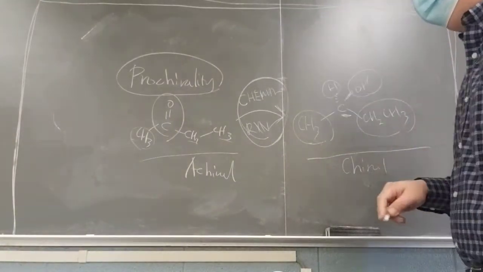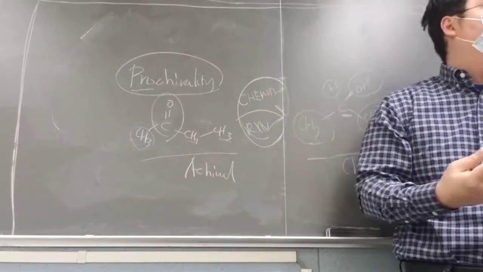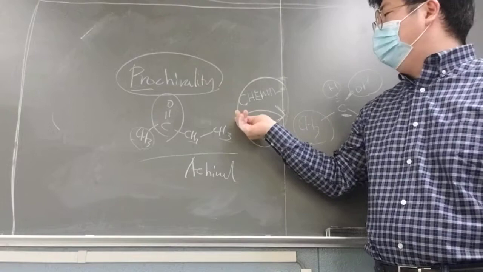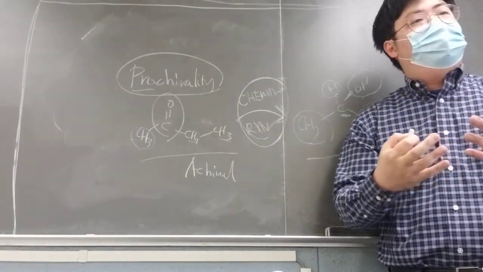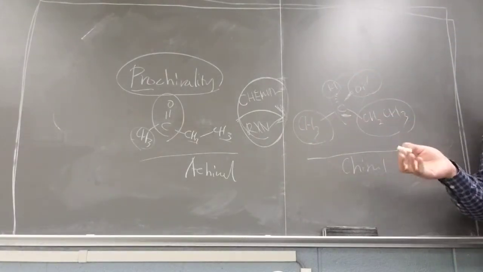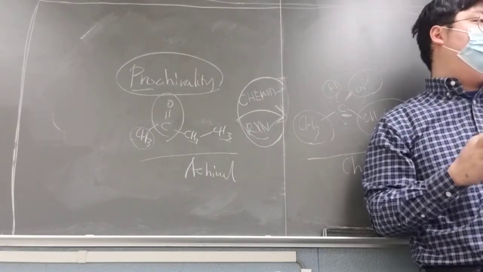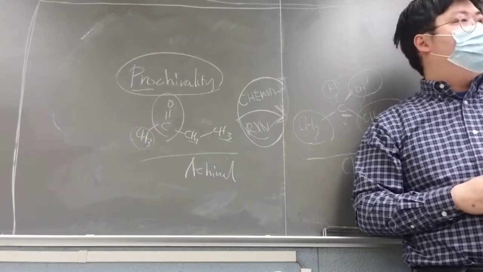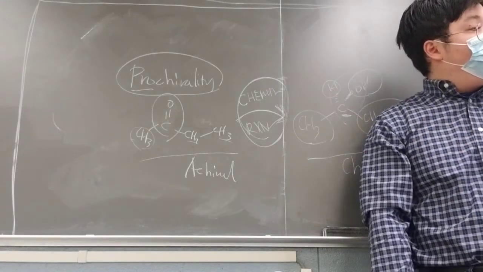The prochirality, like pro, simply means potentially: it can be chiral, but not yet. One single step of a chemical reaction makes this compound a chiral compound, which will have a chiral center in there. That is what we mean by prochiral: it's still achiral, but potentially easily becomes a chiral compound after a single step.